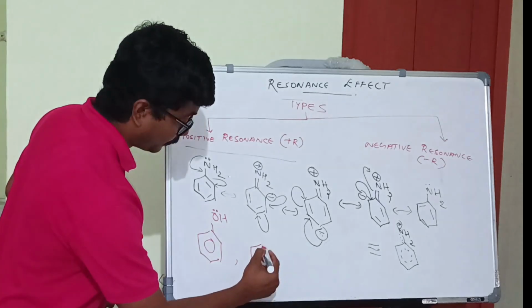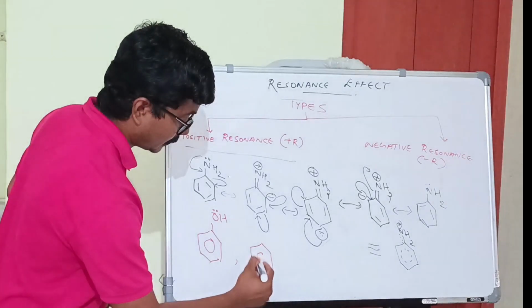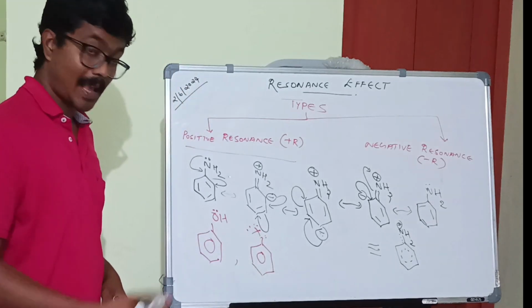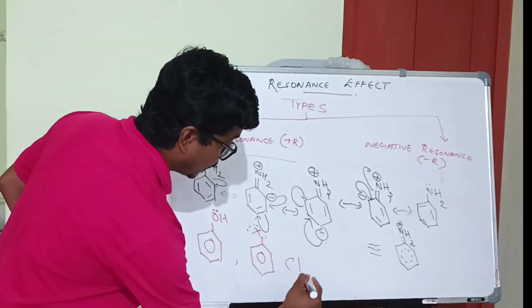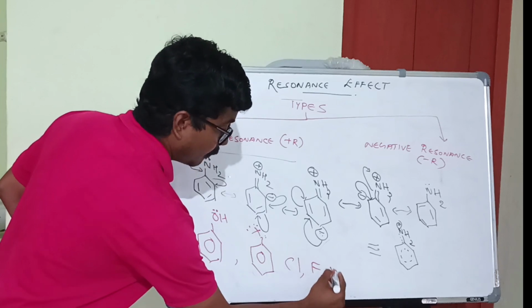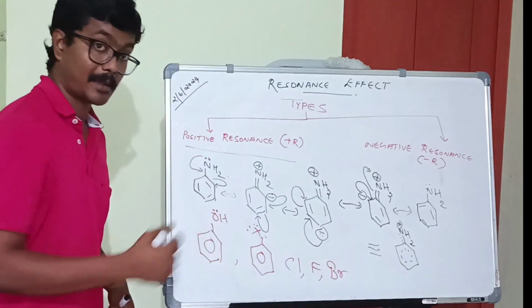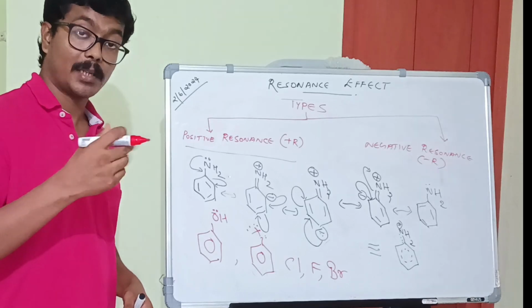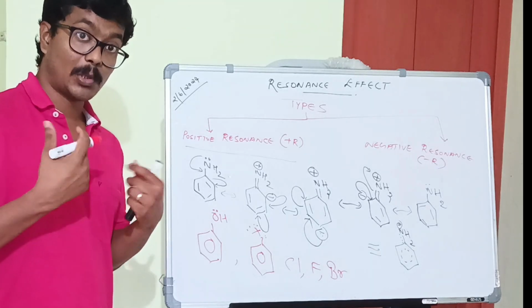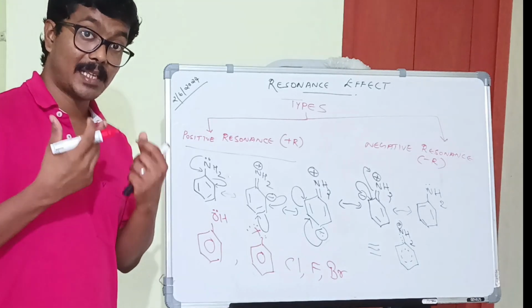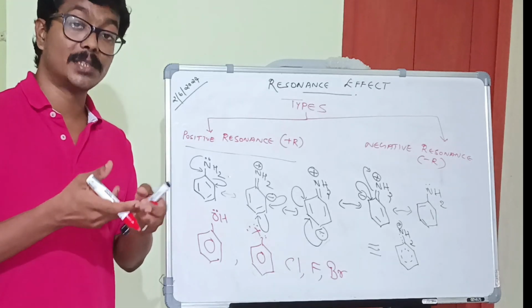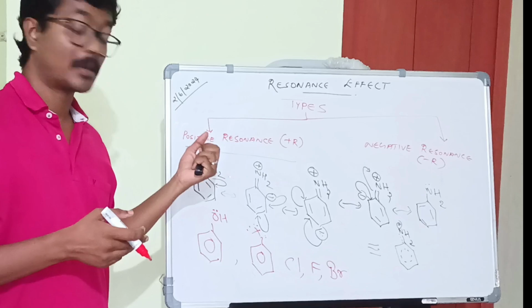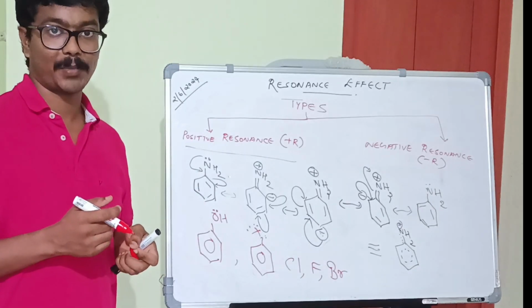And X. What is X? Halogens. It can be Cl, fluorine, bromine, etc. So the substituent group is carrying a lone pair of electrons, which will be displaced towards the conjugated system, which results in the plus R effect or positive resonance effect.